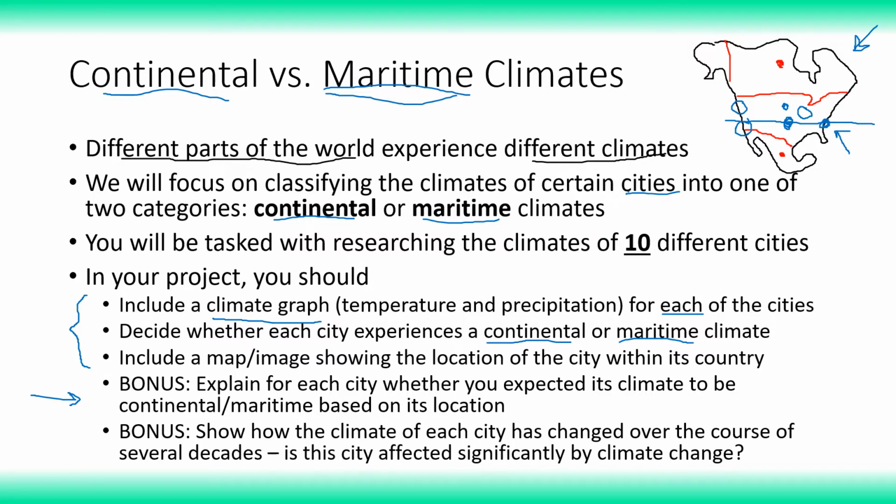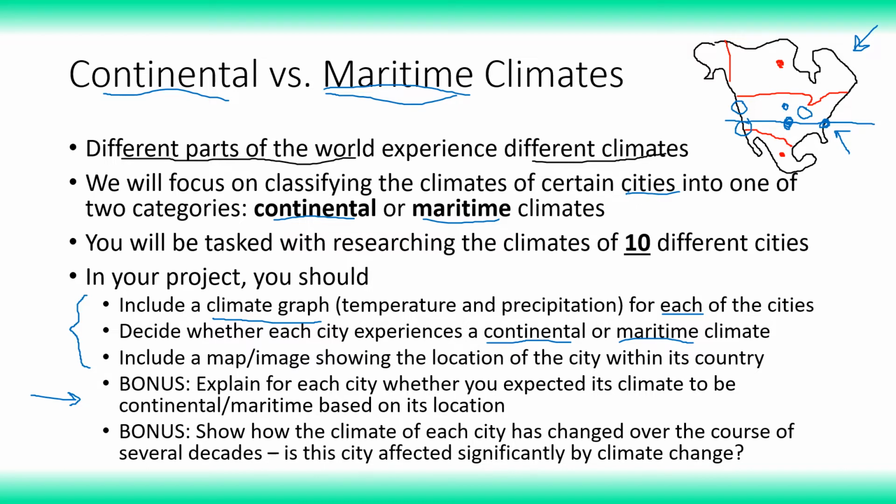Well, okay, so on your poster you should include whether each city has a continental or maritime climate. When you're presenting your poster or presentation to the class, if you explain ahead of time that this is where the city is located and therefore I think its climate should be this, and then you show the climate graph and you say, based on the climate graph, its climate is this.